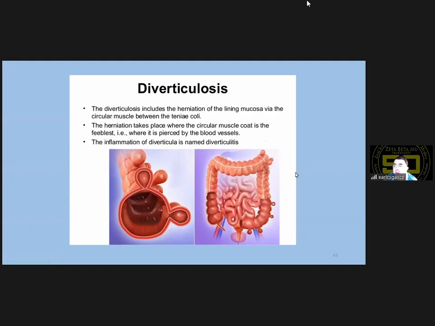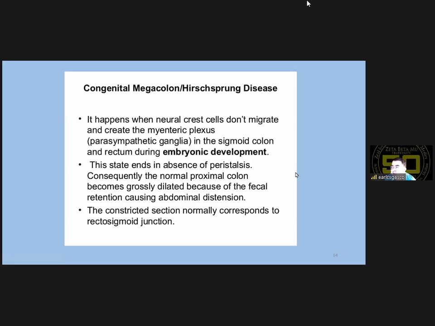Okay. Diverticulitis, diverticulosis. Next, we have the congenital megacolon or Hirschsprung disease, which is an abnormality of the distal colon of the newborn. It happens when the neural crest cells don't migrate and create the myenteric plexuses in the distal colon, usually at the rectosigmoid junction. When the area becomes aganglionic, it fails to relax.